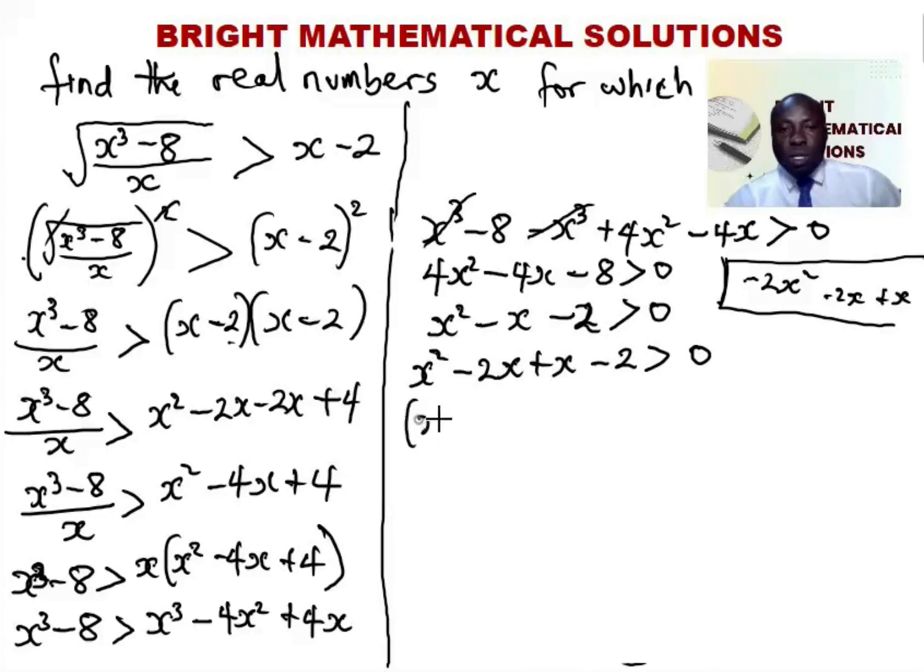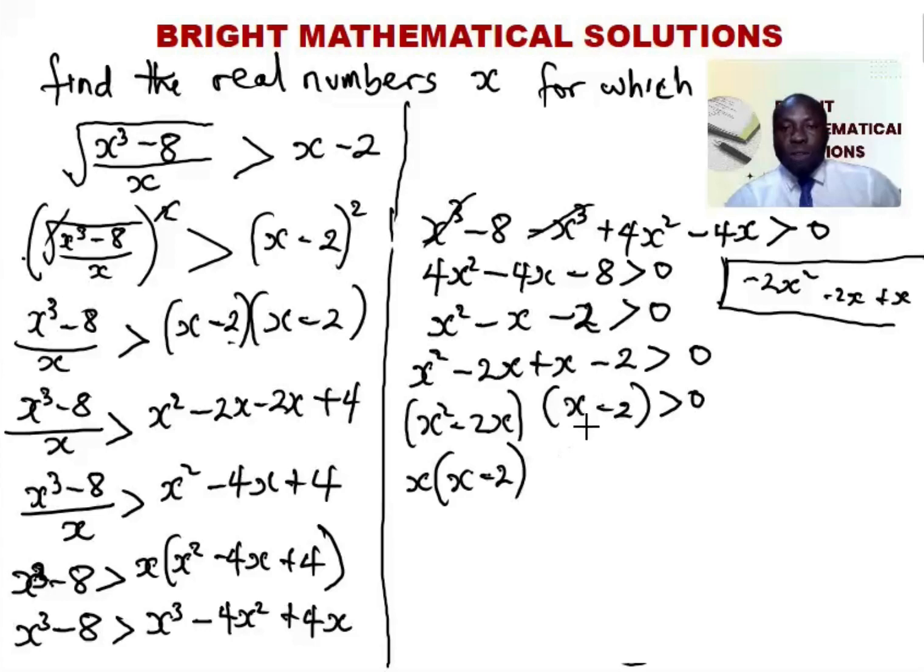So let us bring them together: x squared minus 2x, and x minus 2, is greater than 0. Let us factor out. We have x times (x minus 2), and we can only factor out 1 from the second part, that is x minus 2, is greater than 0.